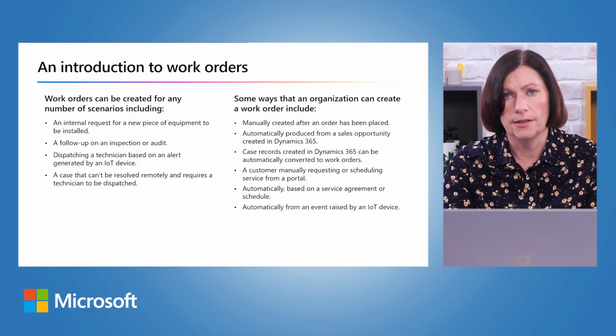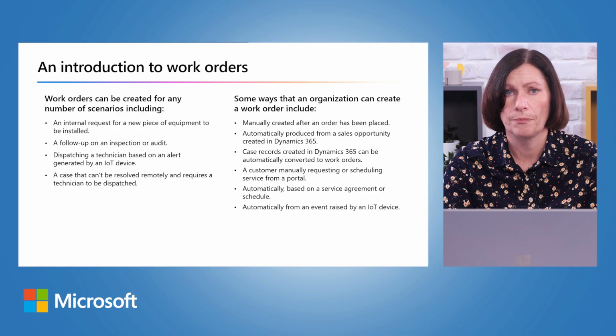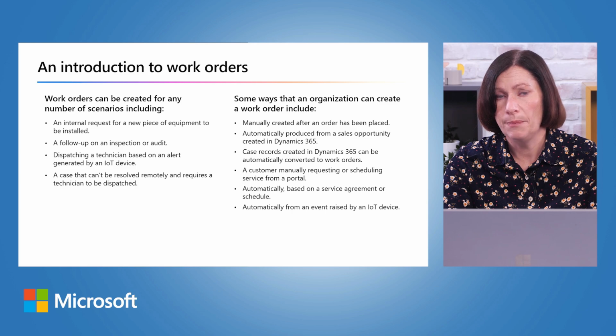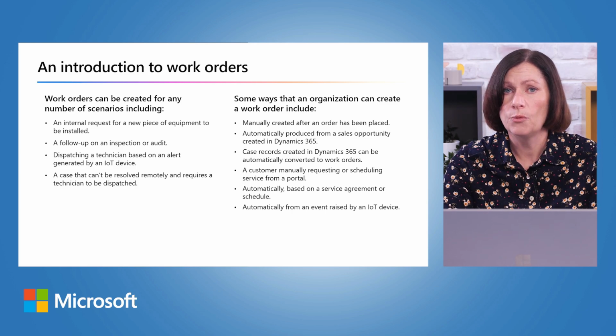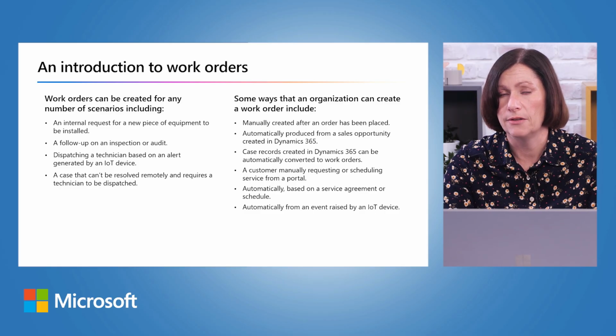Case records created in Dynamics 365 can be automatically converted to work orders. A work order can be created by a customer manually requesting or scheduling service from a portal, or automatically based on a service agreement or schedule. It could be automatically created from an event raised by an IoT device.